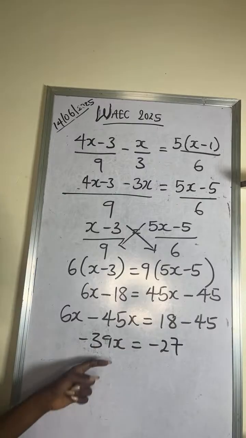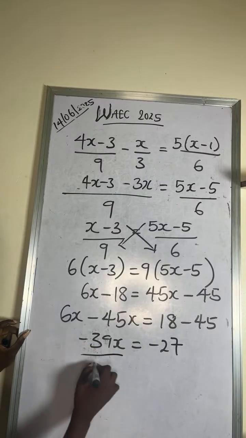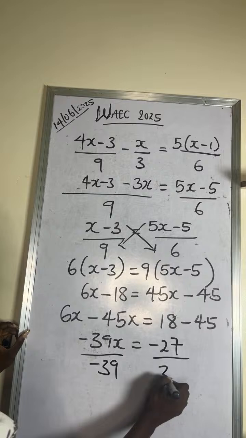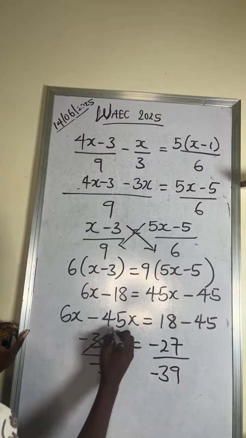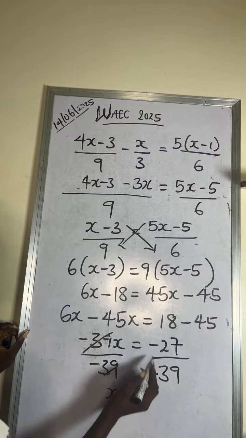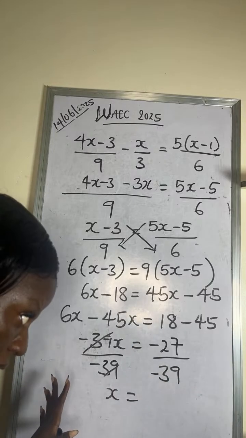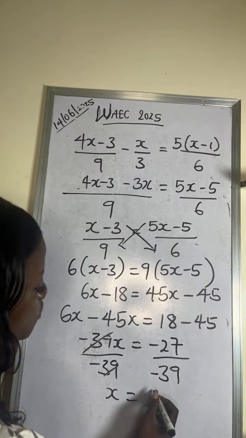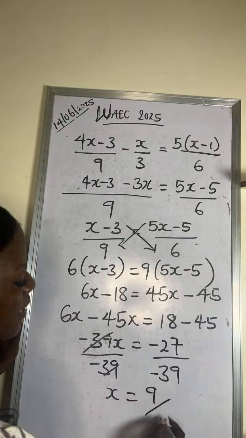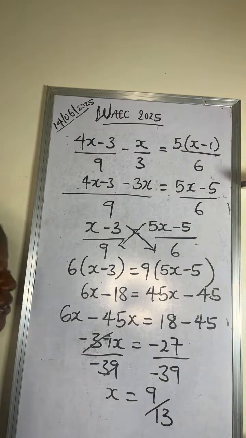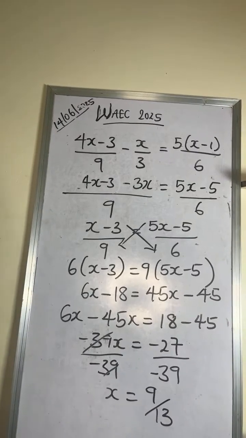So divide both sides by the coefficient of x, which is minus 39. So x becomes minus divided by minus is plus. Okay? 3 can go in 27 to be what? So our answer for x in this question is 9 over 13.